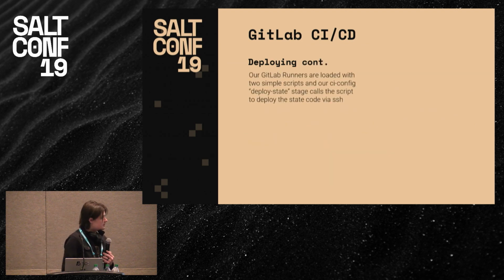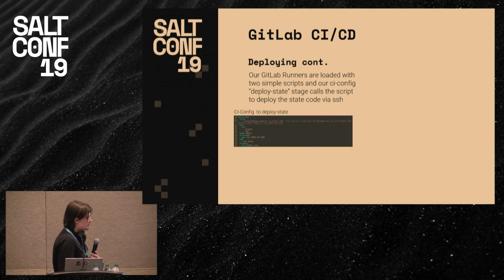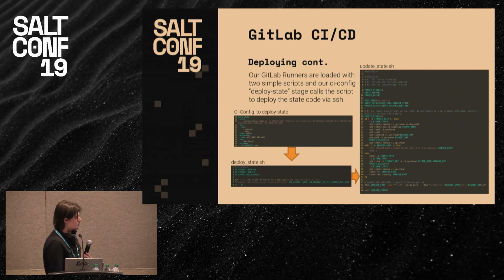We just use GitLab runners to facilitate this. They're very much like Jenkins slaves or any other CI/CD system that you might have run into before. In our case, they just have two scripts that we use. We have a CI configuration that utilizes this first deploy state script, and that script really just calls another script on the Salt master via SSH to go and pull through everything.